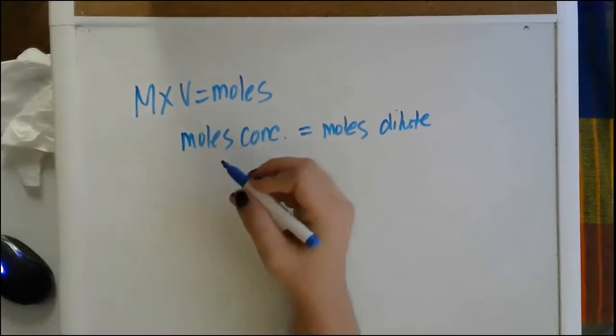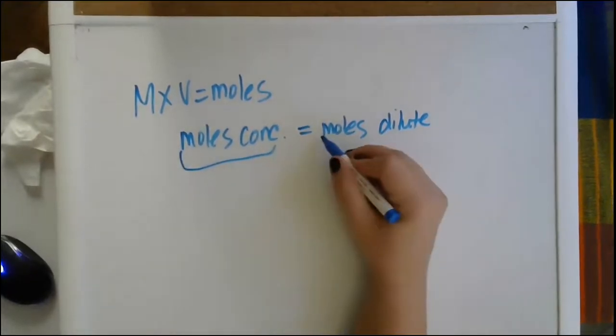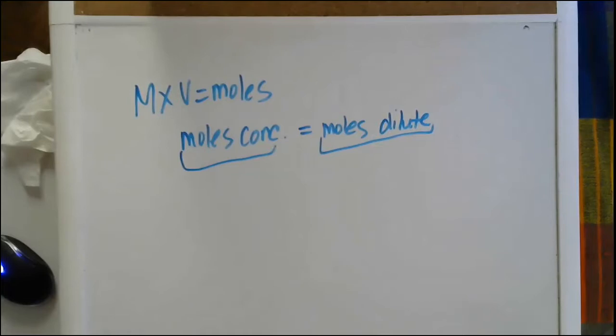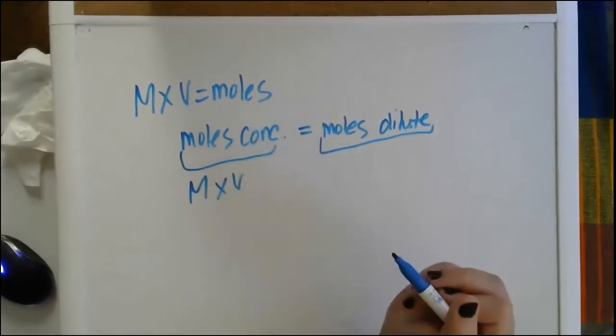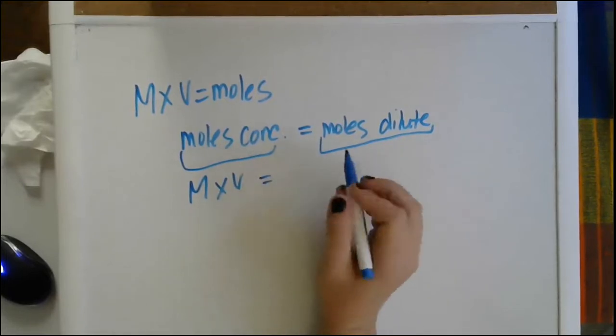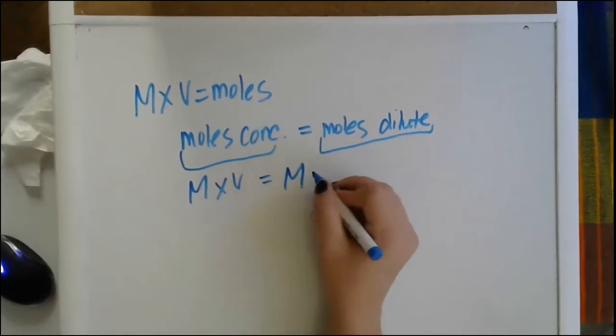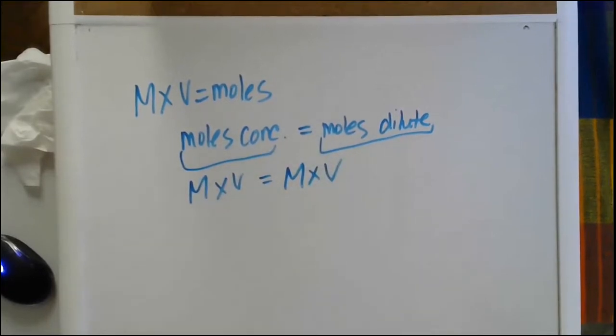Okay, so because our mole value for the dilute solution and the concentrated solution is the same number of moles and only the volume is changing, then if we take the molarity times the volume of the concentrated solution, we can equal that to the molarity times the volume of the dilute solution. So then if I know 3 of these values, I can always find the 4th one. All right, hopefully that makes sense.